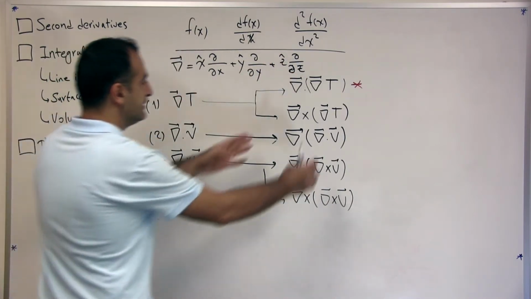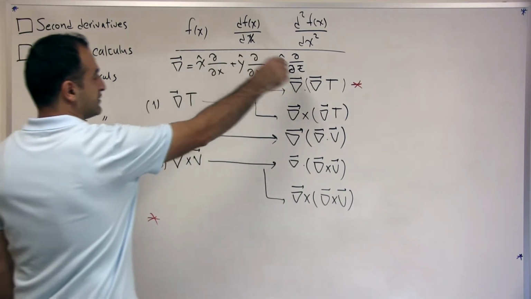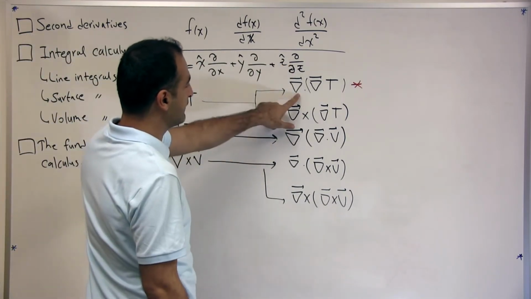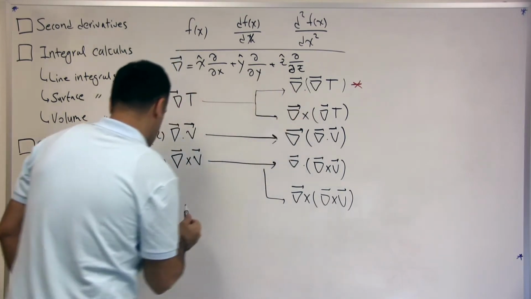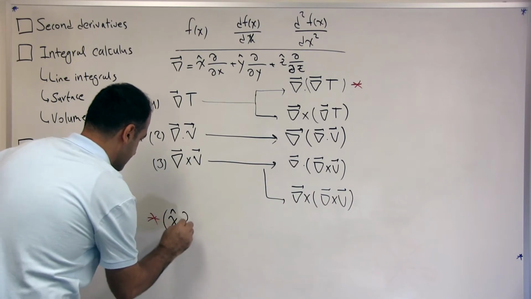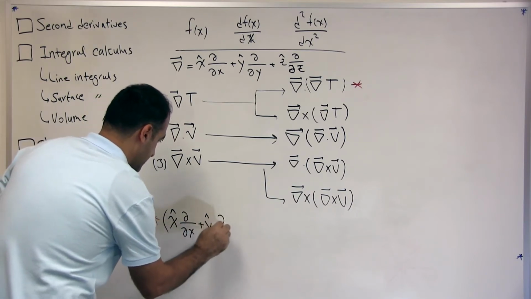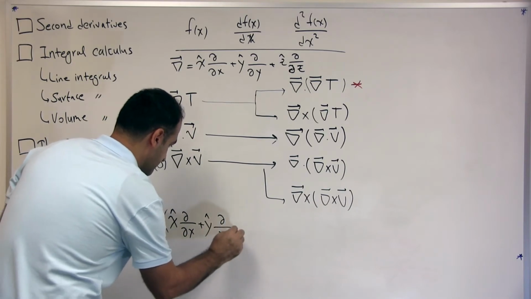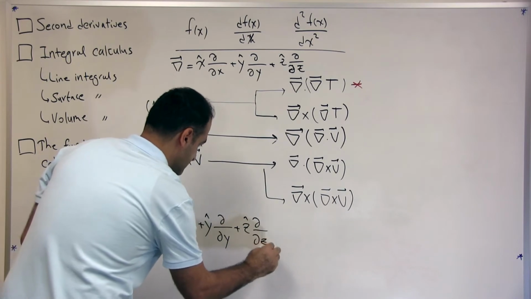So gradient of T is each of these derivatives. At the same time, we have this del dot, so we are doing the dot product. Let's write the del operator in terms of the components. So I have x hat d over dx plus y hat d over dy plus z hat d over dz.